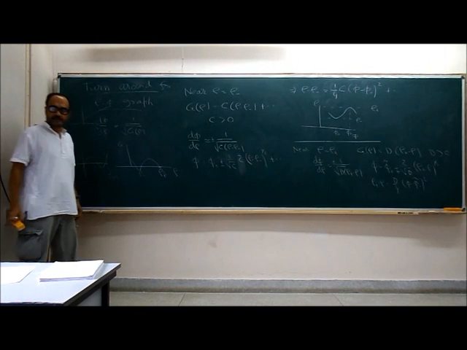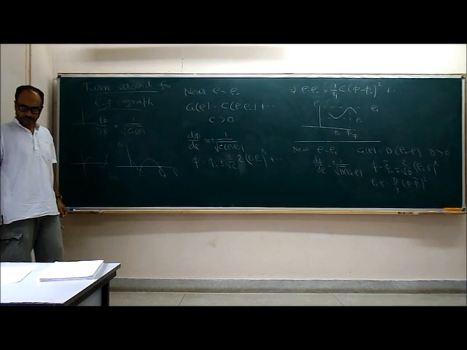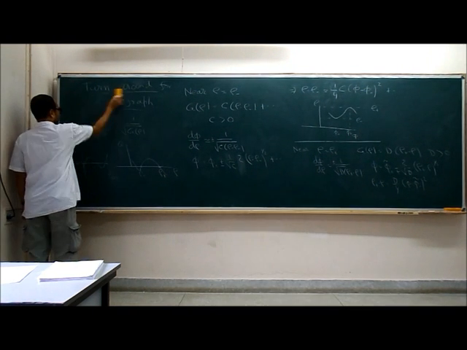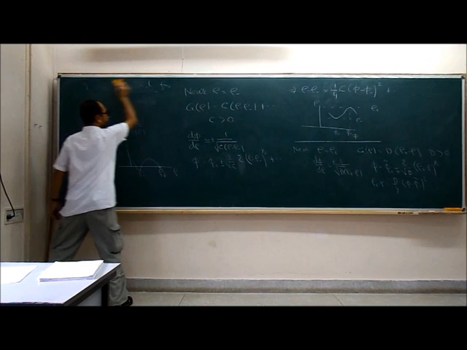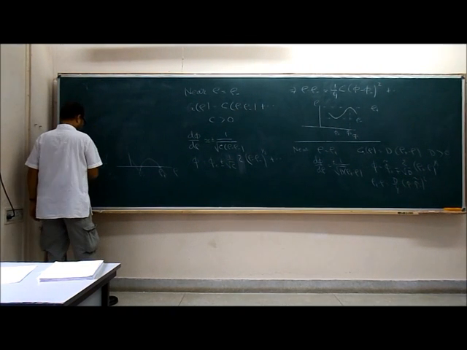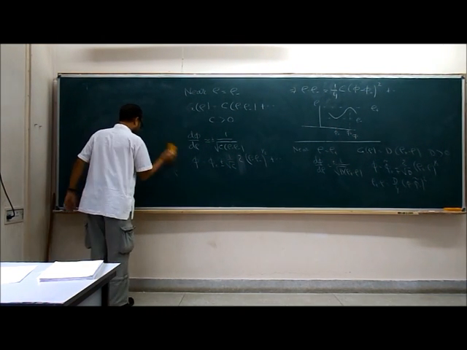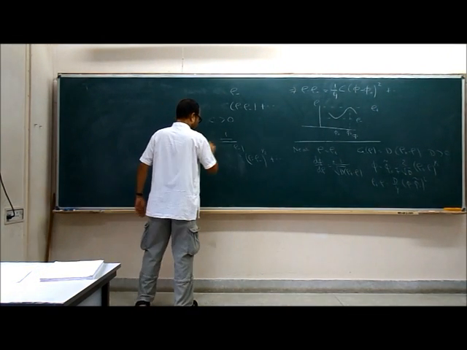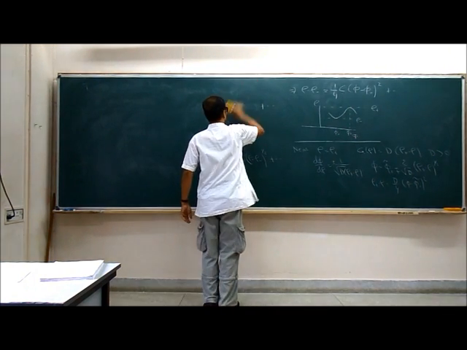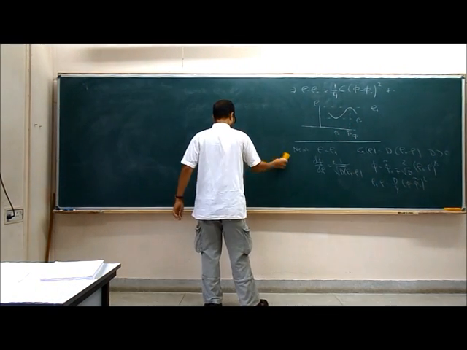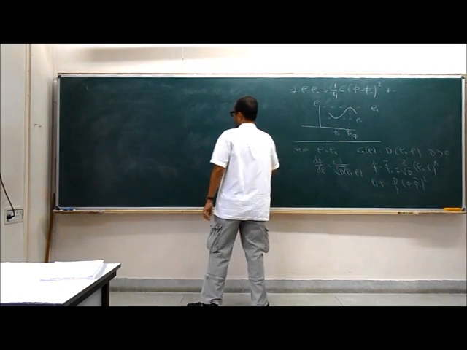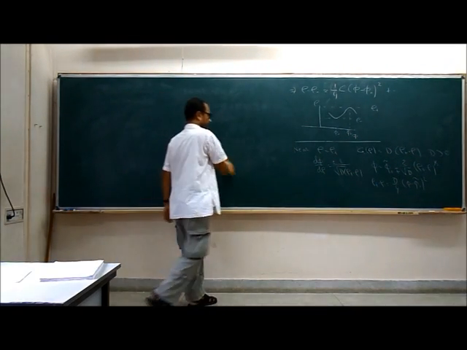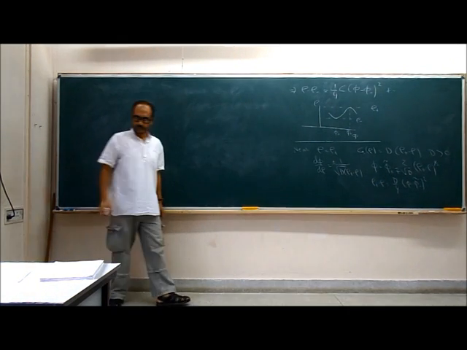Okay, any other question? Okay, so then let's ask what happens at rho equal to 2GM.